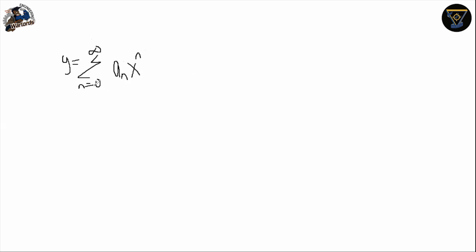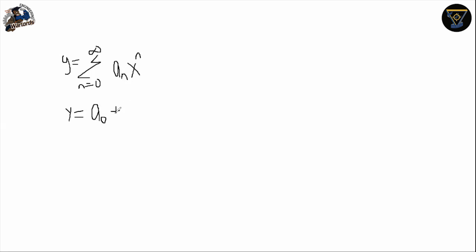So what we need to do now is expand this out. So we put n is equal to 0 into this. So it's a naught x to the 0, but anything raised to the 0 is what? 1. So we're just going to have a naught.